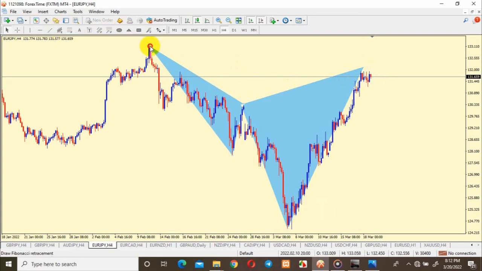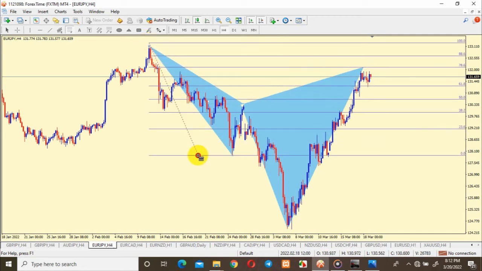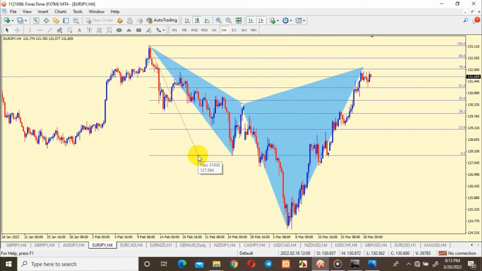I bring in my Fibonacci X2A. If you really understand how I trade my Fibonacci, you see that we have a retracement zone here. So what are we saying? When market opens on Monday, take a sell at this zone.